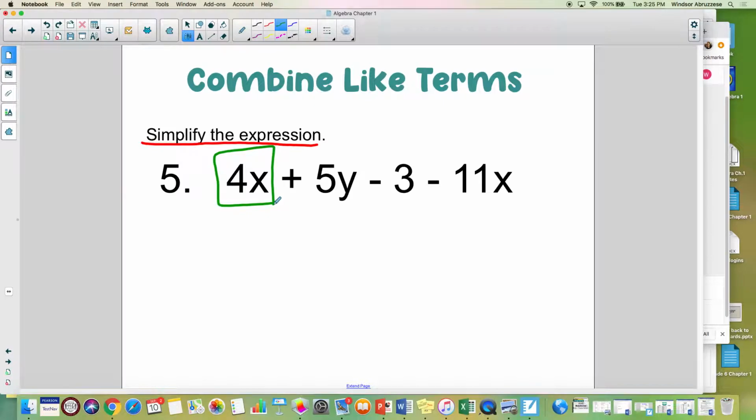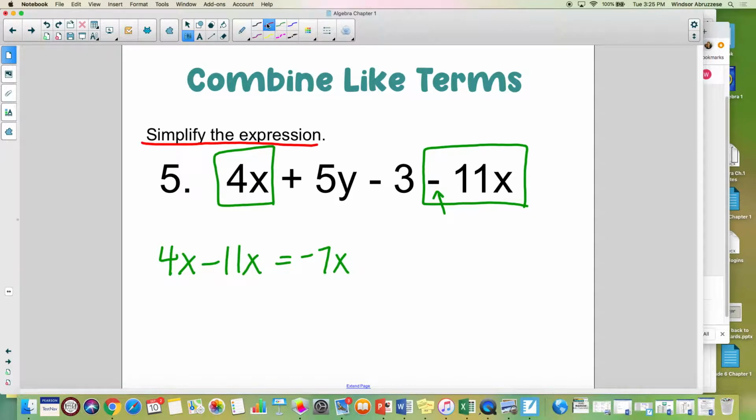In order to be considered a like term, you have to have the same variable and the same exponent. So 4x has a like term of negative 11x because they both have just one x attached. This 11x is negative. You take the sign in front. So I have 4x minus 11x, which simplifies to negative 7x.